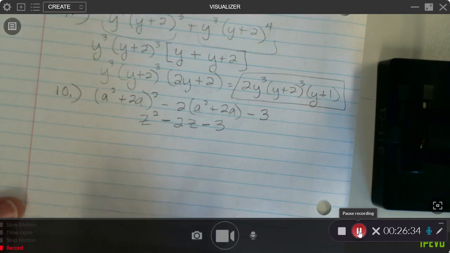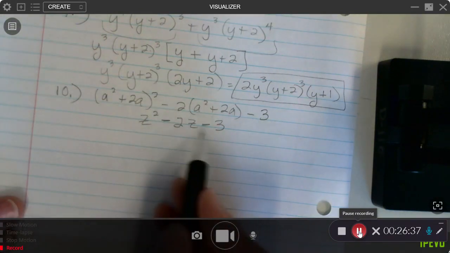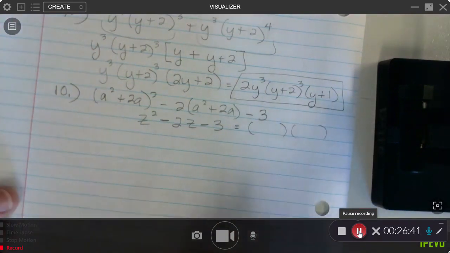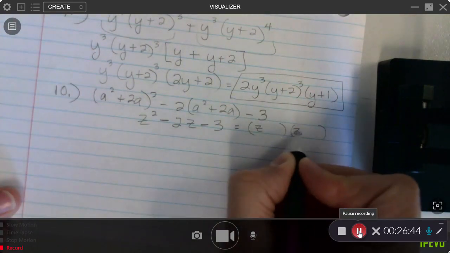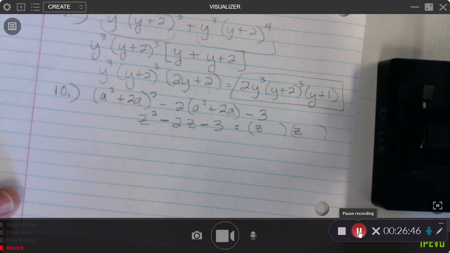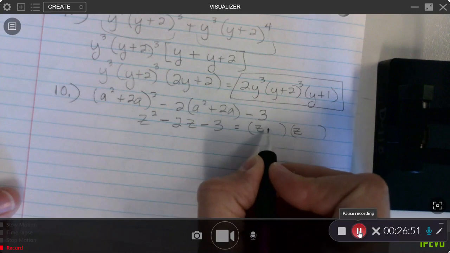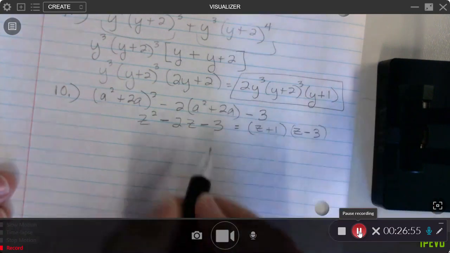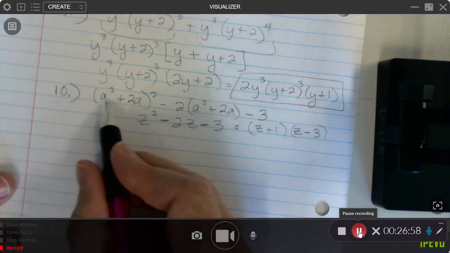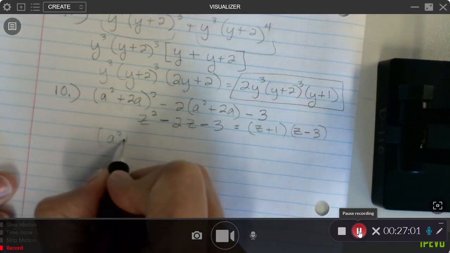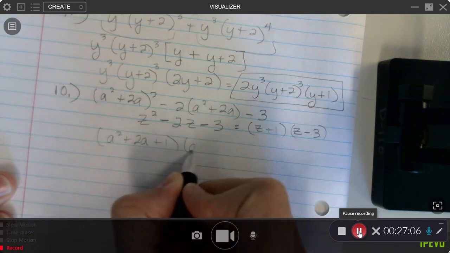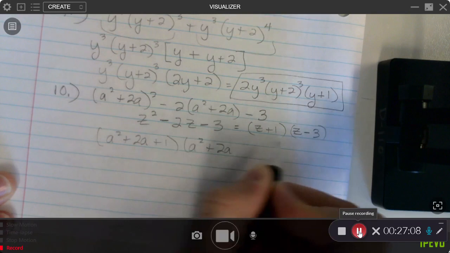Everybody agree using a little substitution? Does this actually factor? Yeah. Plus 1 and minus 3. And so instead of calling it Z, we're going to call it A squared plus 2A plus 1, A squared plus 2A minus 3.